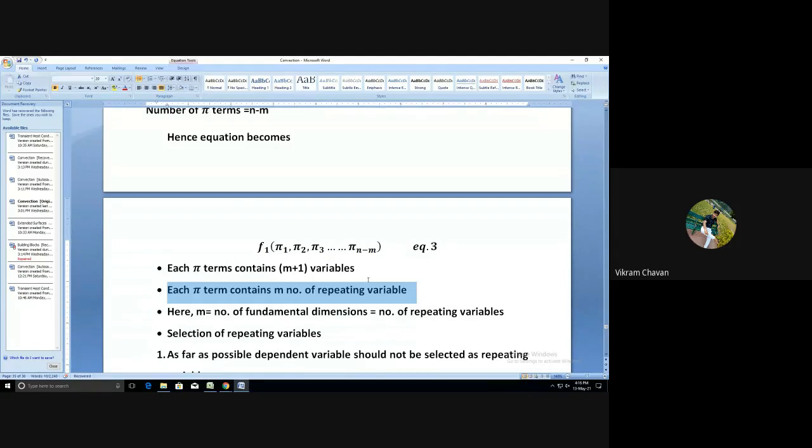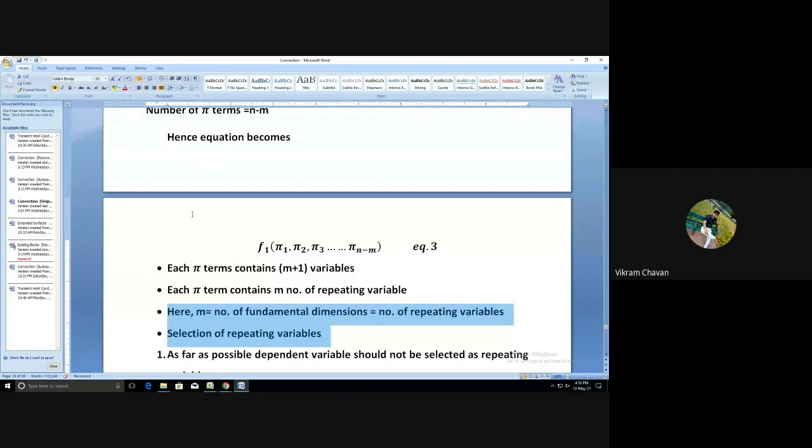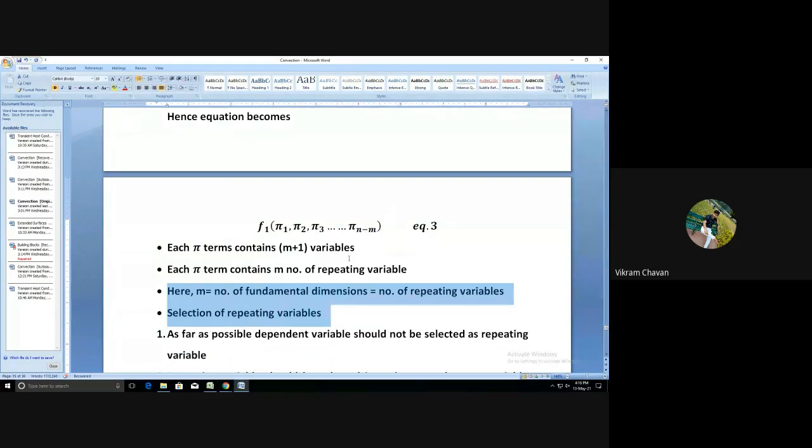So we can say that m is equal to the number of fundamental dimensions, which is equal to the number of repeating variables.